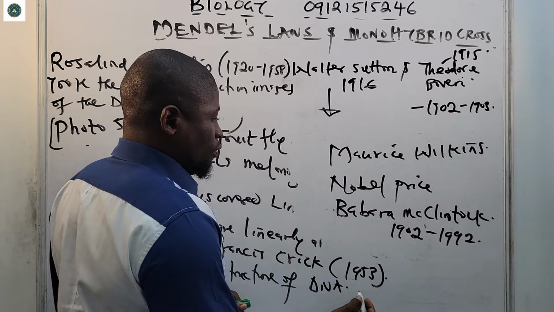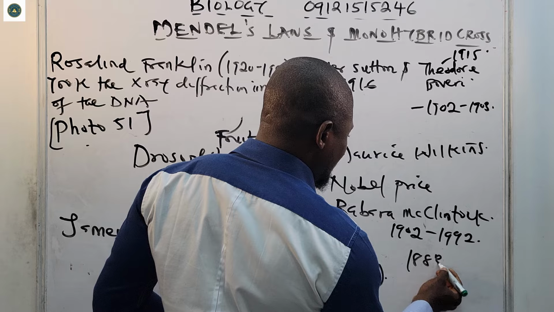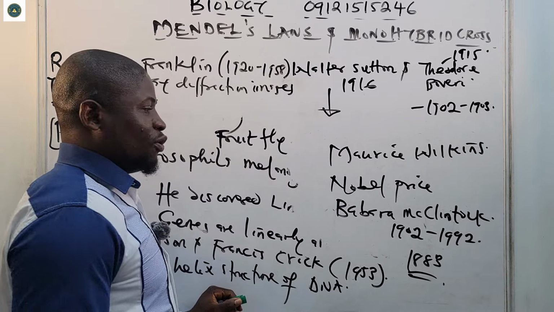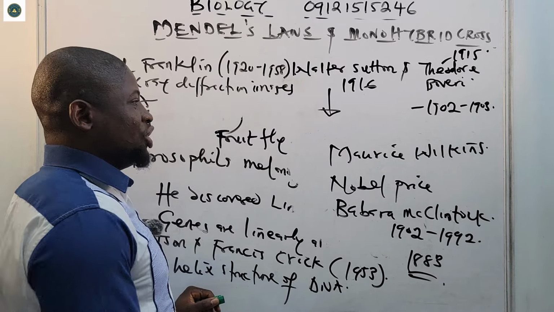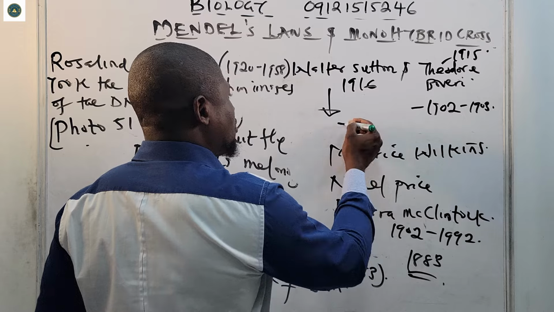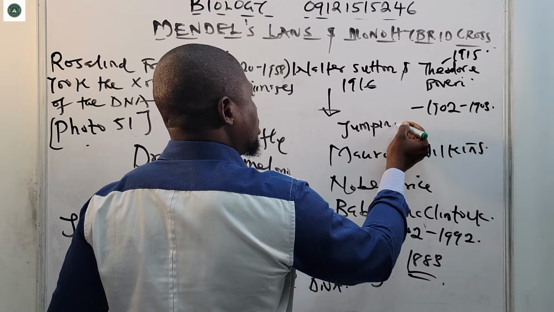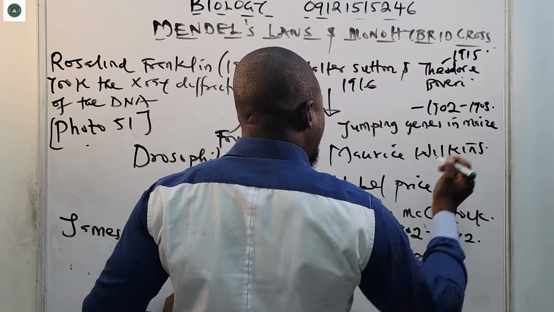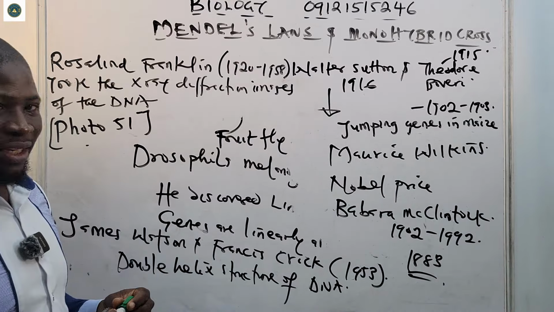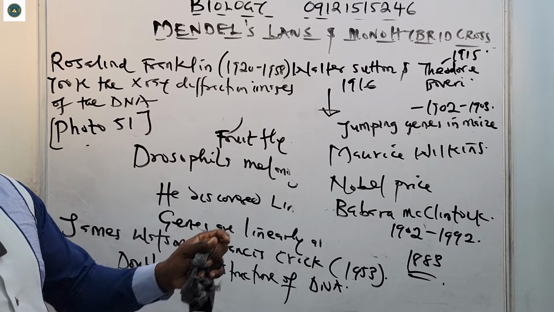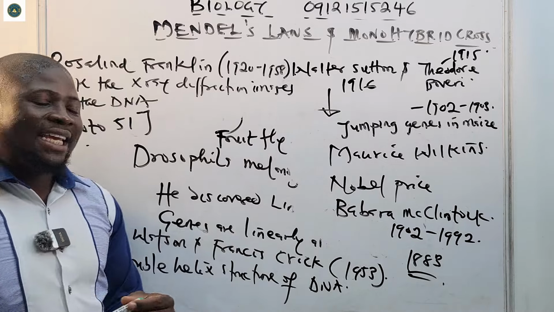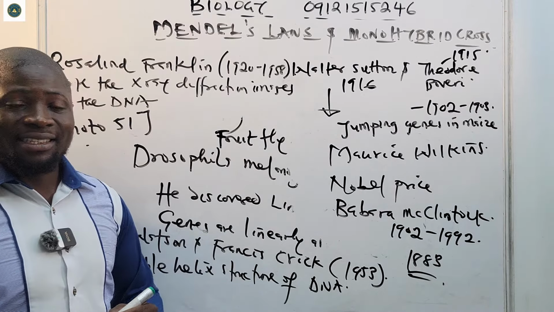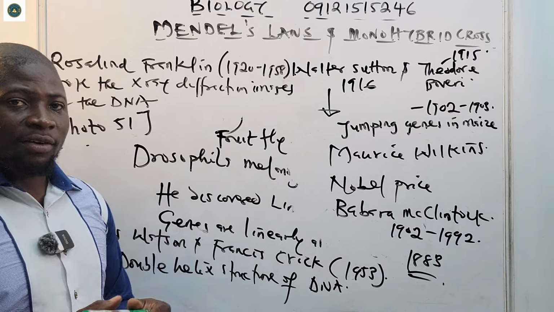She won the Nobel Prize in 1983. She was the one that discovered what we call jumping genes. Barbara McClintock discovered jumping genes in maize. She won the Nobel Prize in the year 1983.